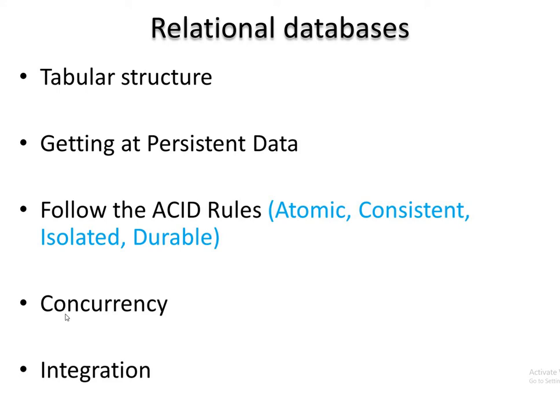The next important value of the relational database is integration. Now, enterprise applications require multiple applications, and maybe different teams are working on these sub-applications, and these sub-applications have to collaborate in order to complete the task.